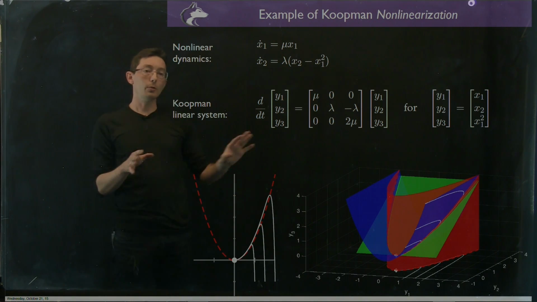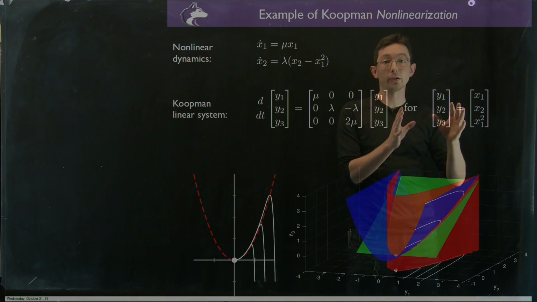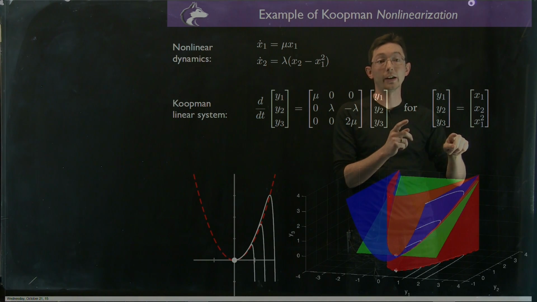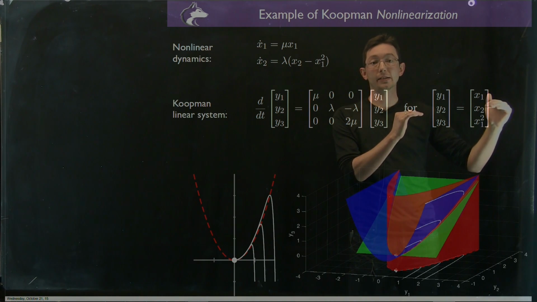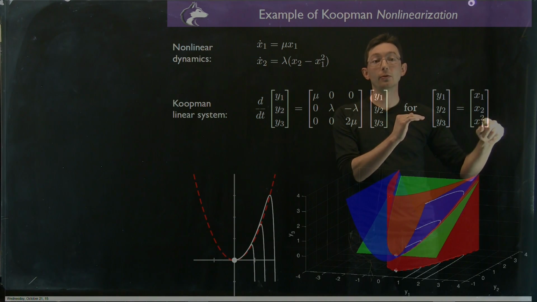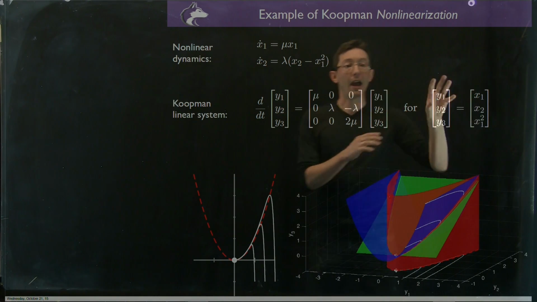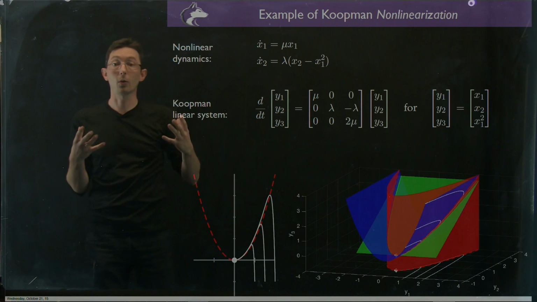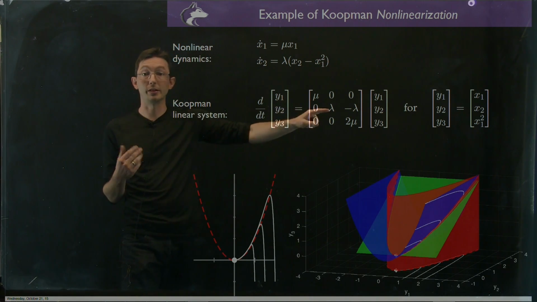Okay? So what we're doing here is we're going to assume that we have some new coordinates, y1, y2, and y3, and that they're given by our original two coordinates, x1 and x2, but also by this new nonlinear observation of x1 squared. And in these new three coordinates, y1, y2, y3, we can write down our differential equation this way.